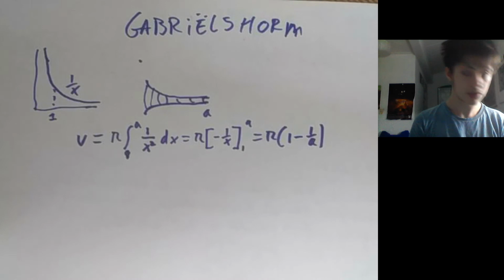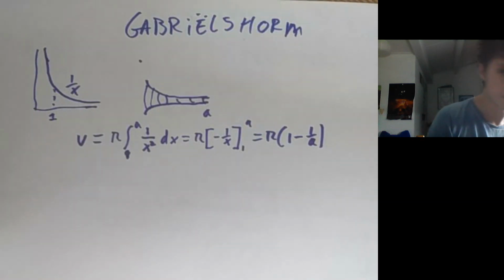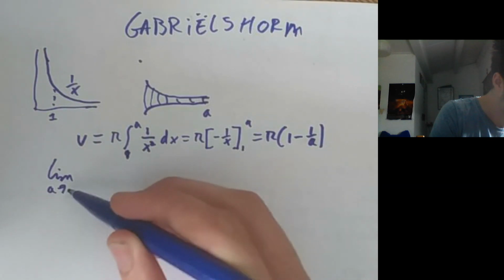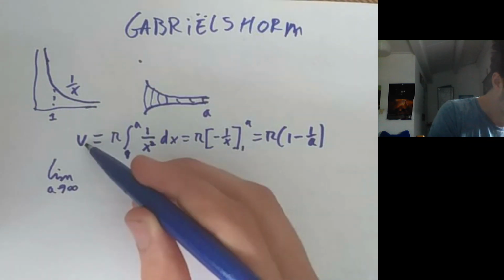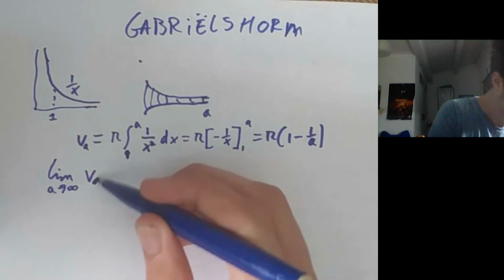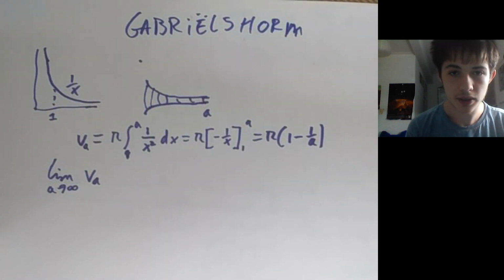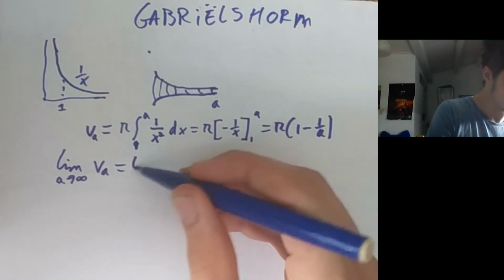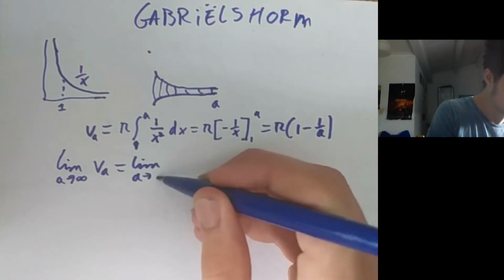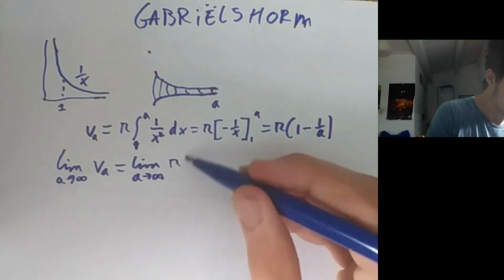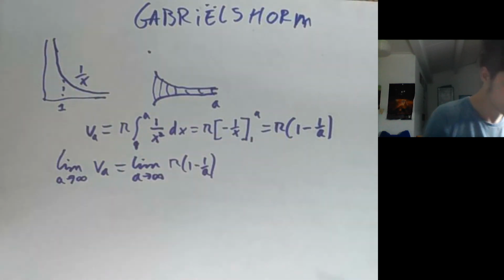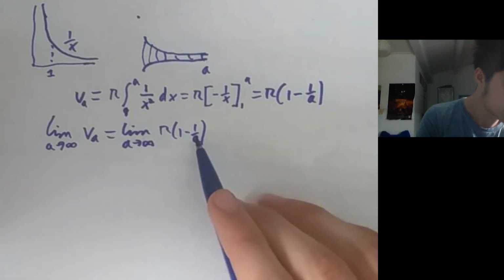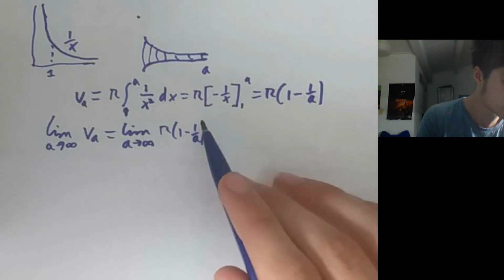Okay, so that's a nice expression. Now we want to let a run towards infinity, so the limit as a goes to infinity. Let's make this volume sub a to indicate that we're letting this run towards a. This is going to be the limit as a goes to infinity of pi times 1 minus 1 over a. There's only one a inside, and if a goes towards infinity, this goes towards 0.